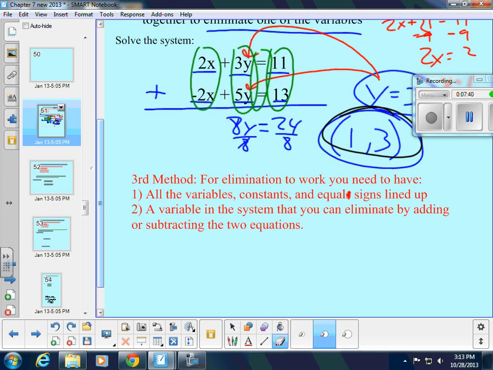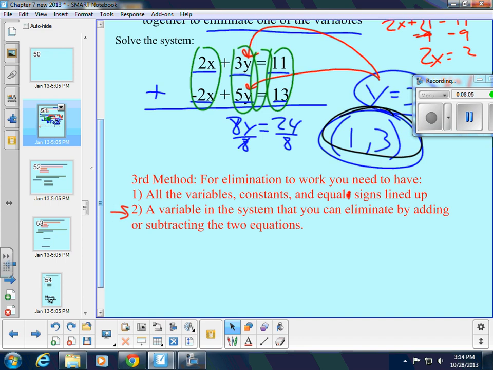And also, part number 2, a variable in the system. There needs to be a variable in the system that you can eliminate by adding or subtracting the two equations together. As I'll show in an example soon, sometimes we have to move some things around, or we'll learn in the future that we may have to manipulate the equation a little bit to be able to use elimination.